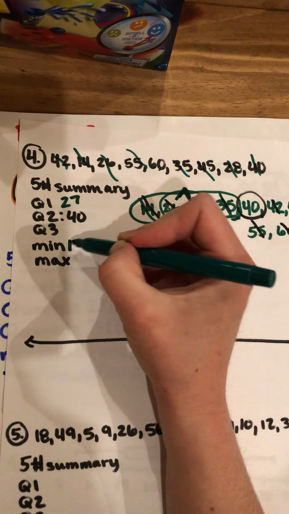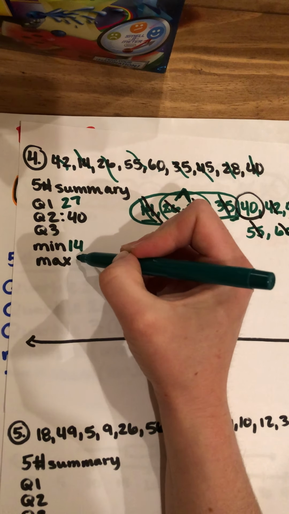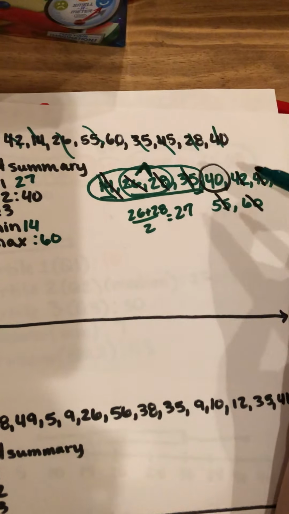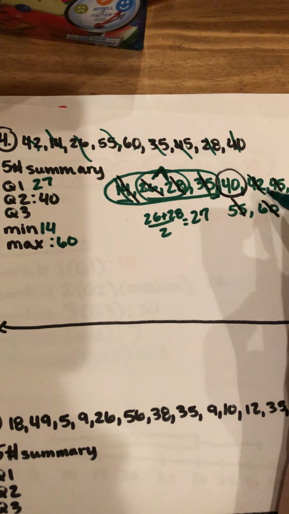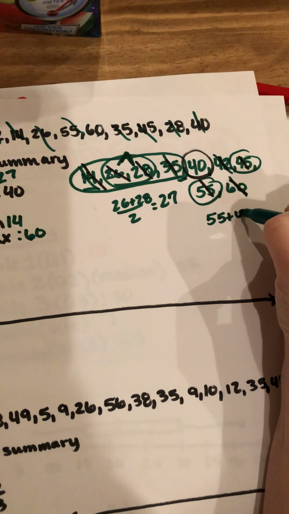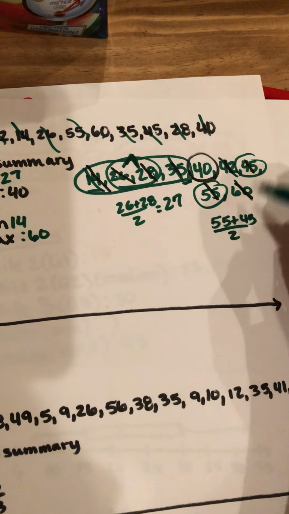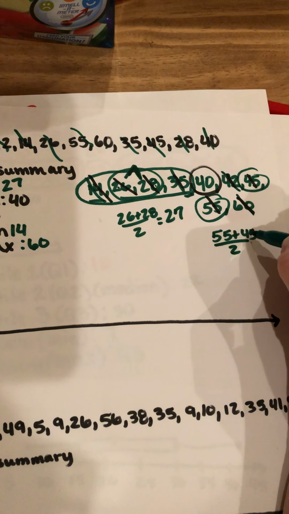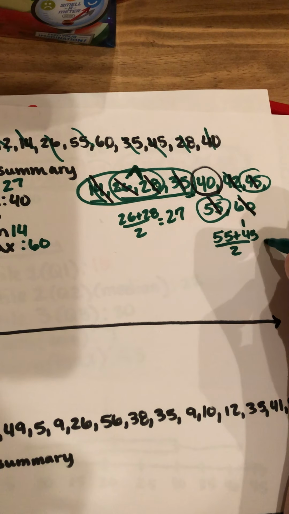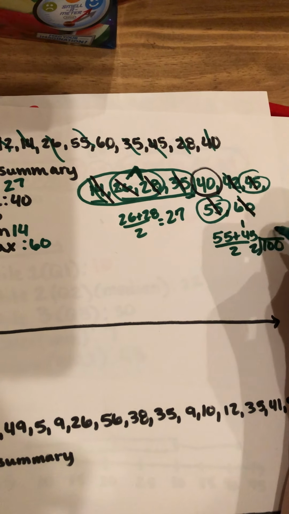The minimum value is 14. The maximum is 60, and I don't have my calculator, so I have to longhand this. So 45 and 55 are my middle numbers, so I have to add them and divide by 2. It's 50.